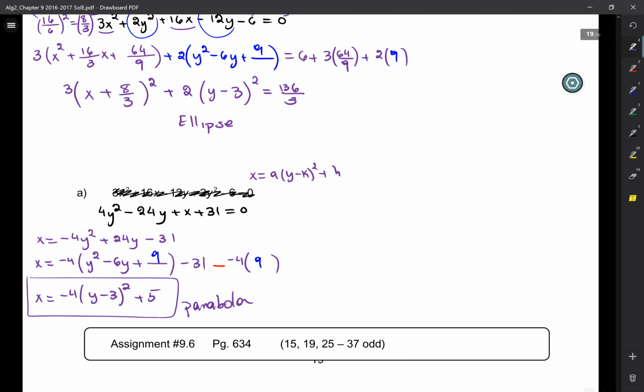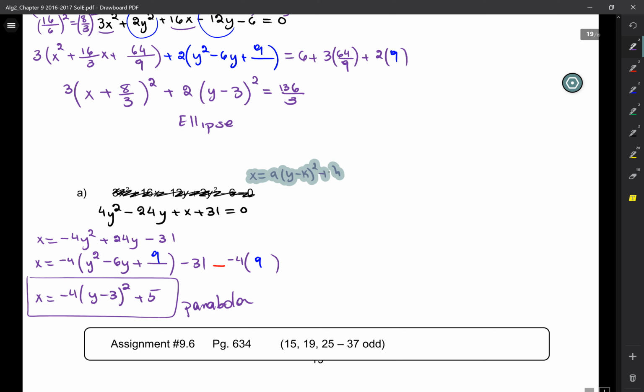This is negative, negative, positive 36 minus 31 is 5. So what's the vertex of this parabola? Or maybe 5 and 3, right? The 3 is lumped in with the y, so it's the y coordinate. So 5 comma 3 is the vertex, right?